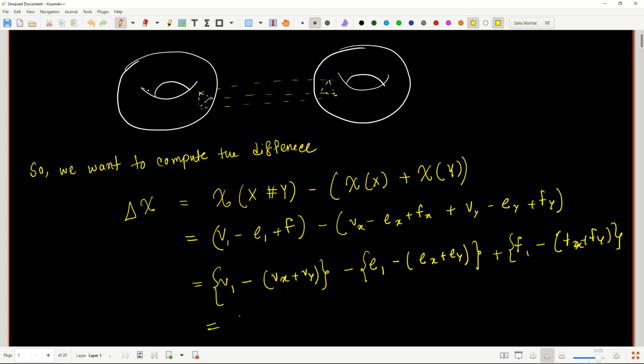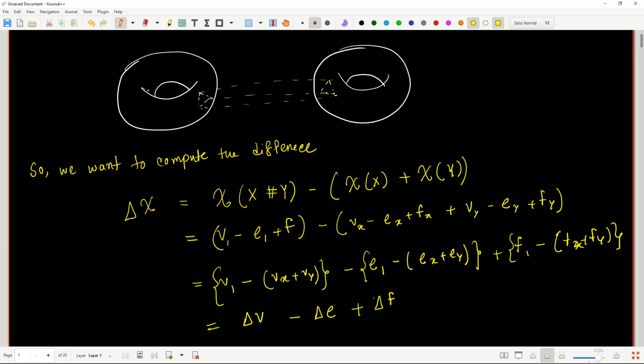So this is just the difference between the vertices minus the difference between the edges plus the difference between the faces. So all we need to do is to compute the difference between the vertices, the difference between the edges and the difference between the faces.